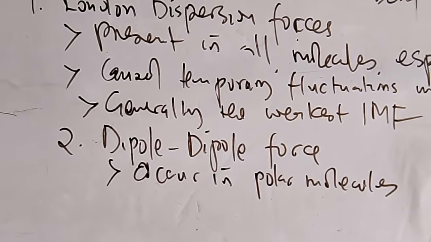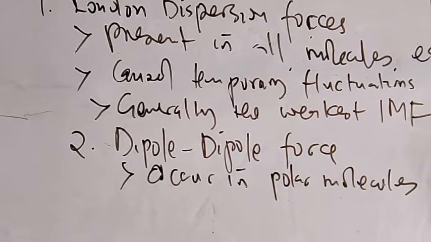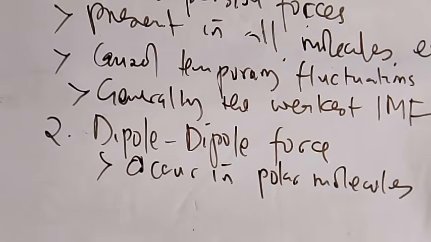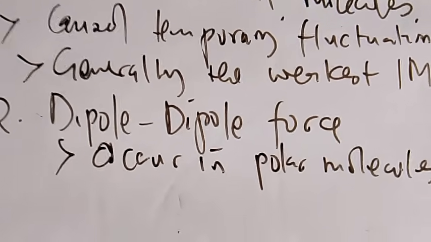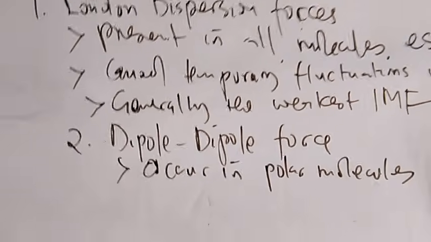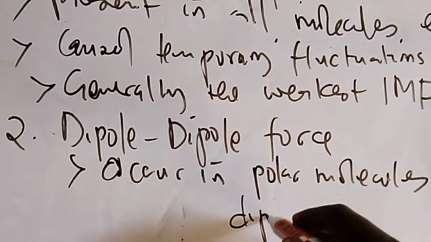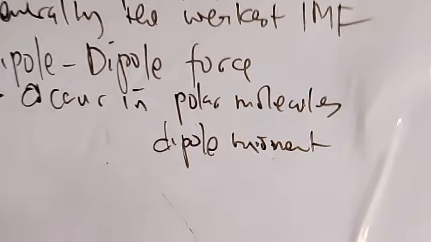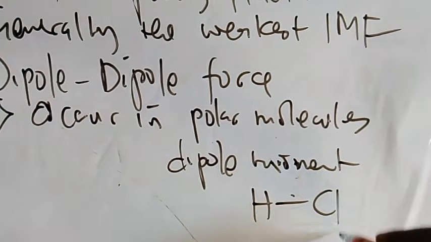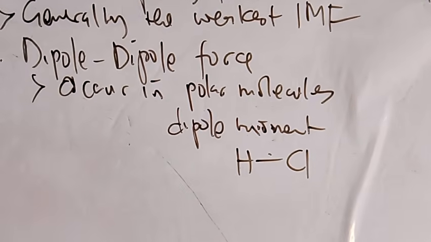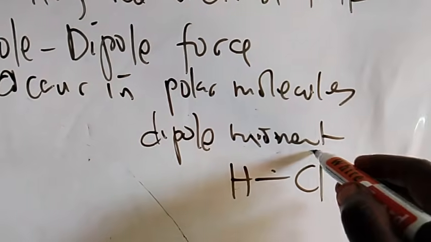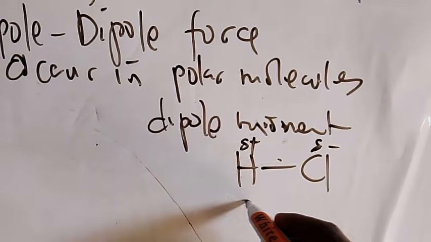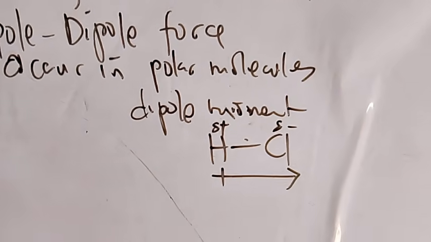It results from the attraction between the positive end of one molecule and the negative end of another. These molecules have a dipole moment. For example, in hydrogen chloride, chlorine is partial negative and hydrogen is partial positive, so this molecule has a dipole moment.